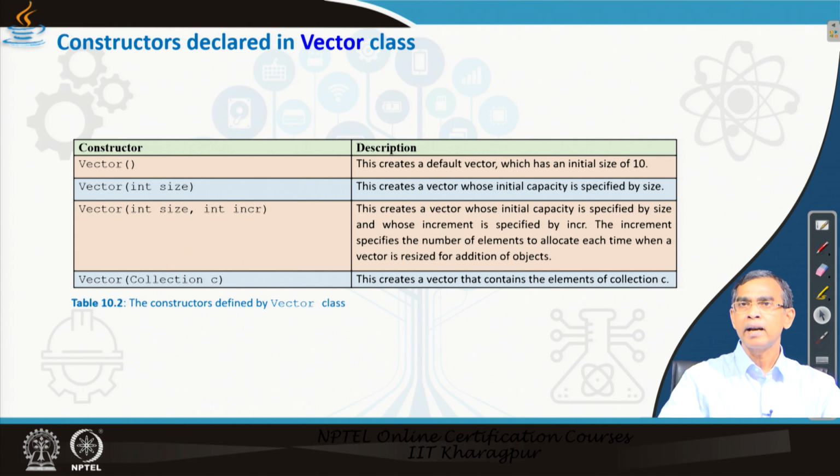Also, a collection of type Vector can be created from an existing collection, say C. So, if you give the existing collection as input, then a Vector can be created. These are the different constructors under the Vector class.